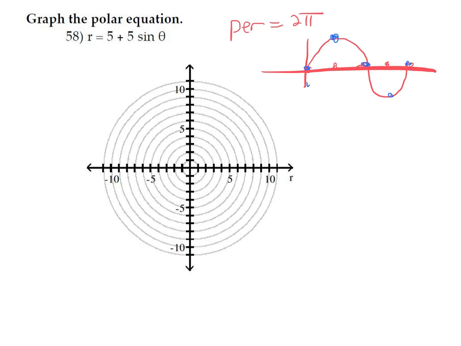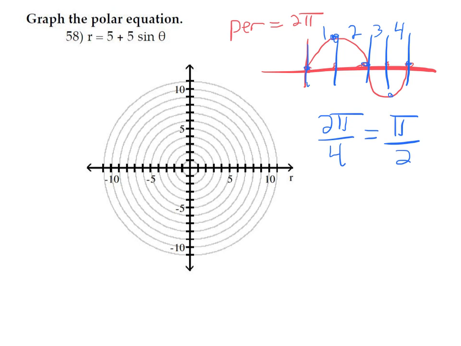This divides the period into 4 equal parts. So if we take 2 pi and divide by 4, this will give me the increment that I'm going to plot our theta with.